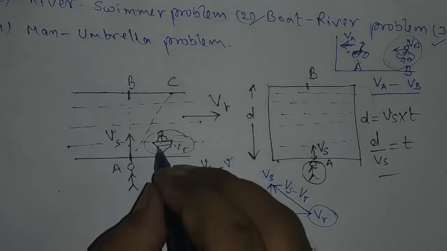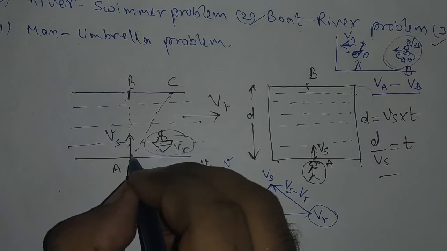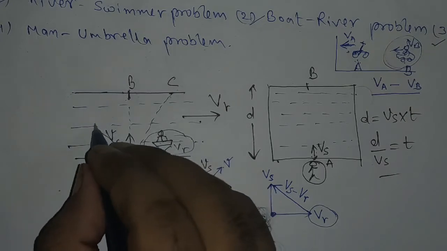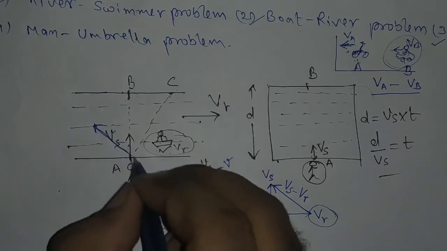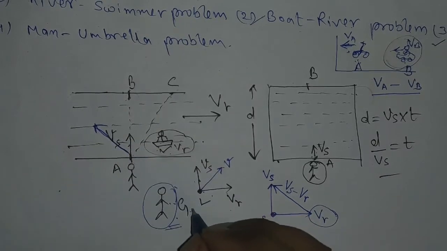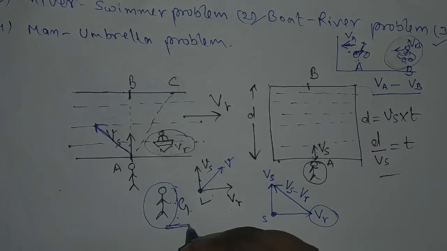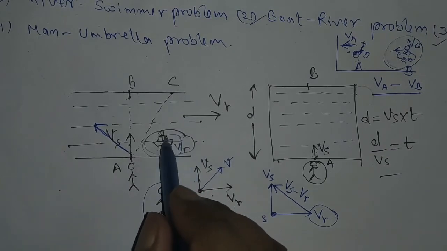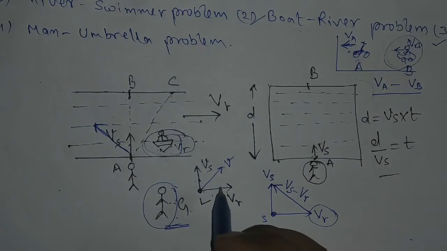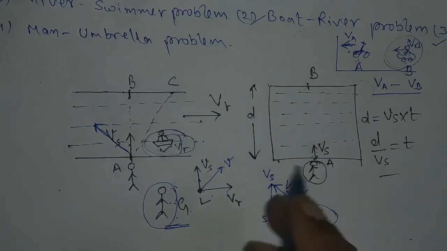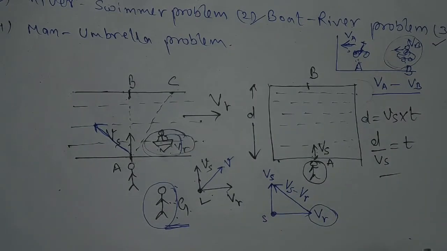So in his frame of reference, the swimmer will go in this direction. So students, we always solve the problem in the ground frame of reference, okay, not in the river frame of reference. This thing you will have to keep in your mind. Okay, now let us start the numerical problems, and while solving the numerical problems you will better understand the concept of relative velocity. Let us enjoy it.